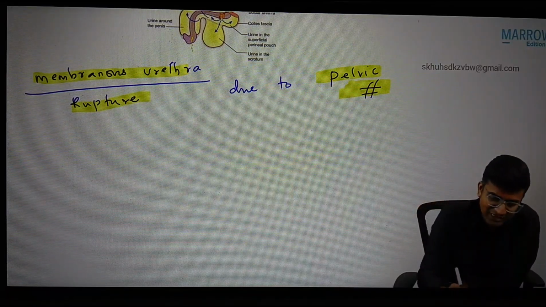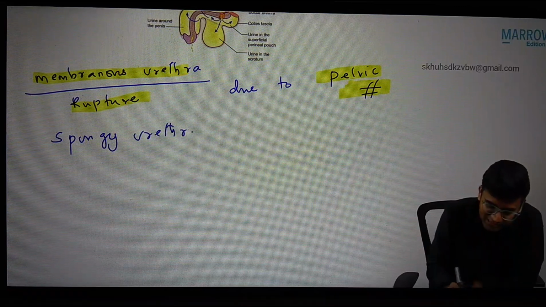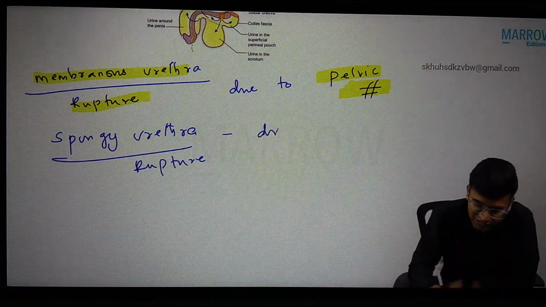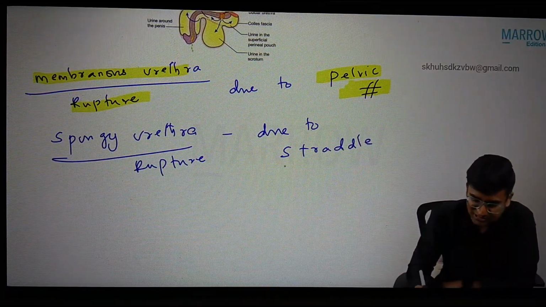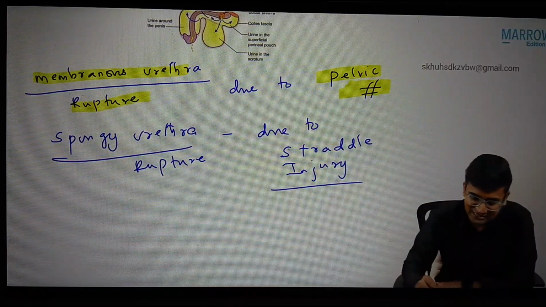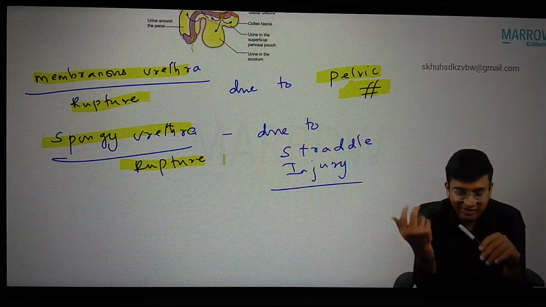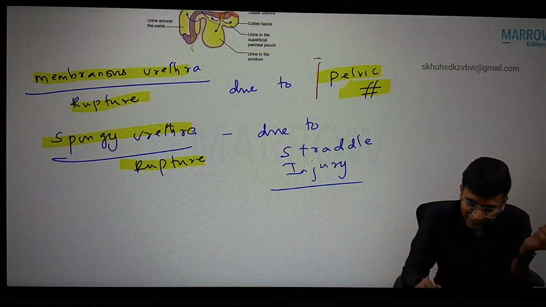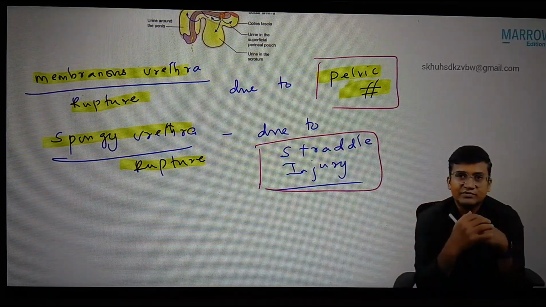For spongy urethra, rupture is due to straddle injuries. So straddle injuries result in the rupture of spongy urethra, whereas pelvic fractures result in the rupture of membranous urethra. Please don't forget these two words. The exams, they'll give these clues only.